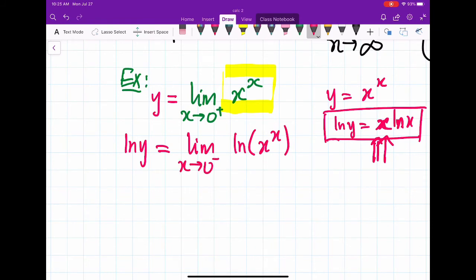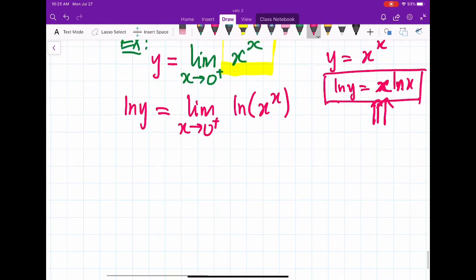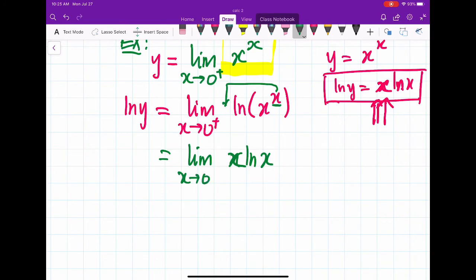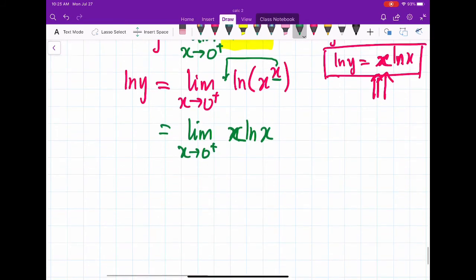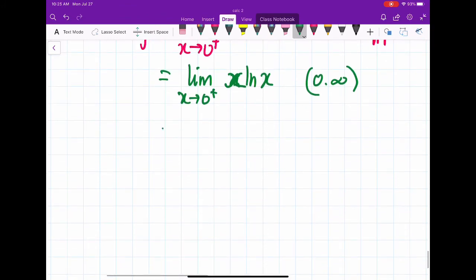X approaches 0 from the right. And again, right, we can take this out here. So that is the limit of x ln of x, when x approaches 0 from the right. And when you plug 0 into this function, you get 0 infinity. And like the previous example, I will keep ln on the top because I will convert this to the form ln over 1 over x.